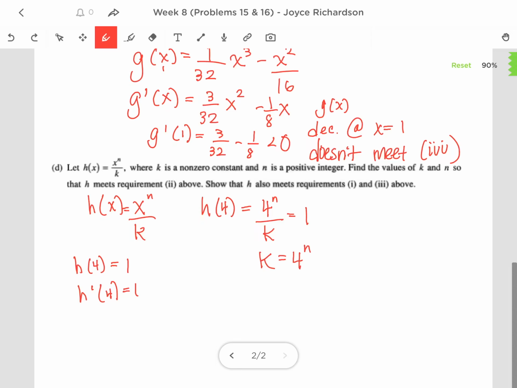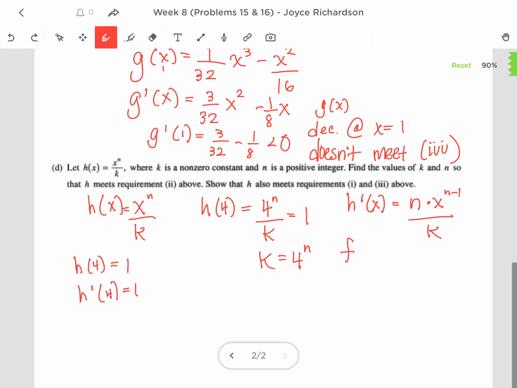That's what I did. Then I also know that h prime of x is going to be n times x to the n minus 1 all over k. I'm just putting into place the rules for derivatives: take n, multiply it by x, take your exponent down by 1.